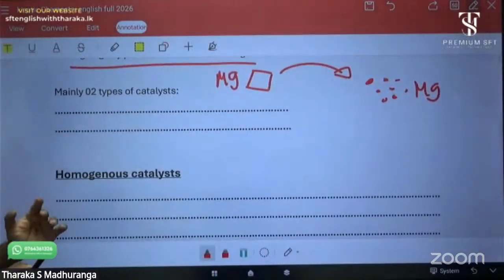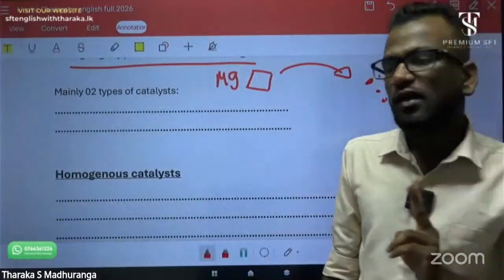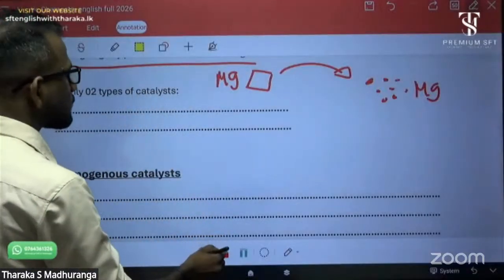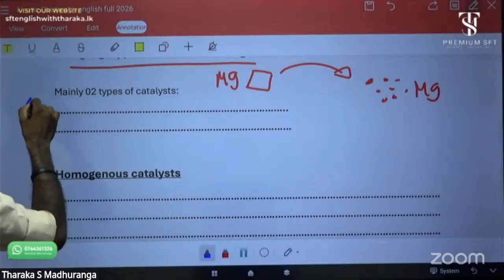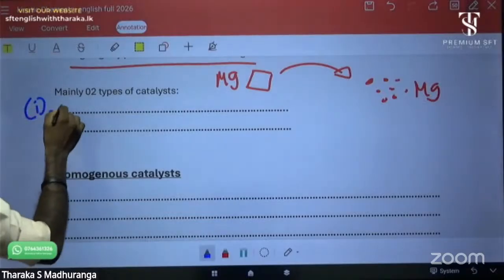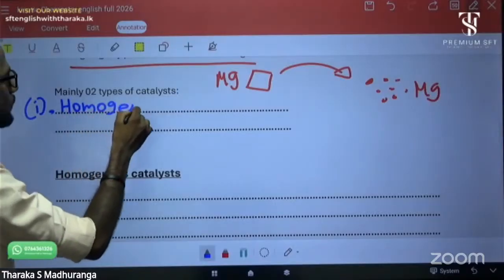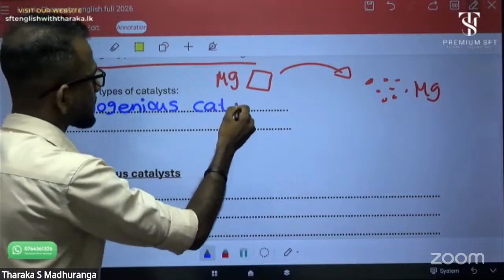Okay, mainly we can find two types of catalyst in chemical reactions. The first one is homogeneous catalyst. Write down the first catalyst type: homogeneous catalyst.